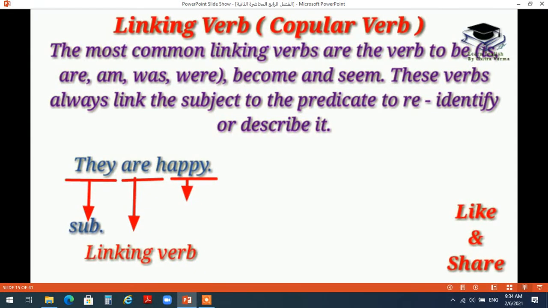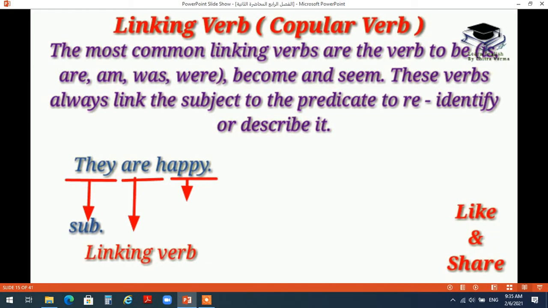Linking verbs or copular verbs, as we said, the most common linking verbs are verb to be. قلنا verb to be بكل أشكاله is وare وam وwas وwere. أن الفعل أيضا become والفعل seem. هذه الأكثر شيوعا من linking verbs.